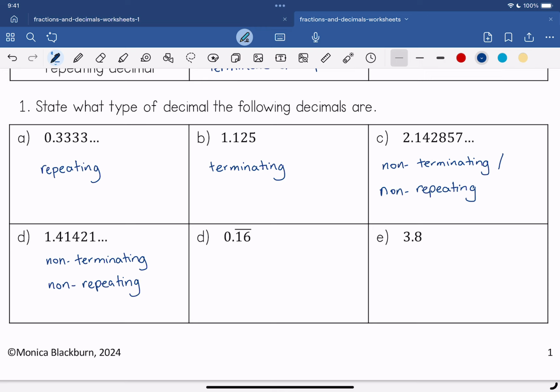E, it repeats. F, it terminates. For the final one, 3.8, as it ends, and there are no repeating patterns.